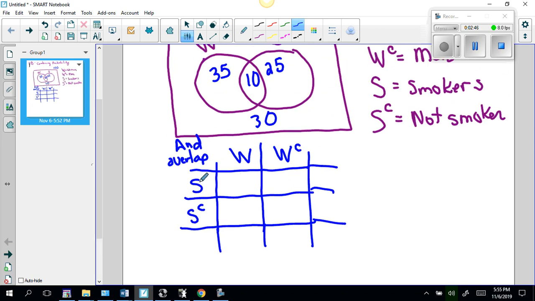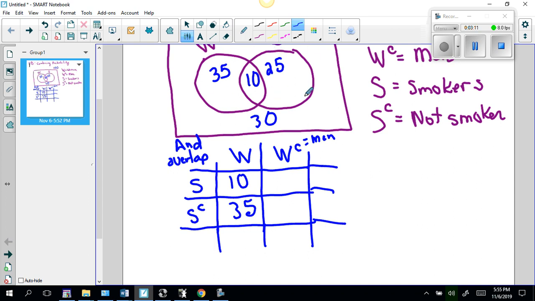These are women and smokers. There's 10 of them. These are women and not smokers. So here's the women and not smokers, 35. Okay, the W complements, just say you're men. So outside the women's circle, there's 2 numbers.